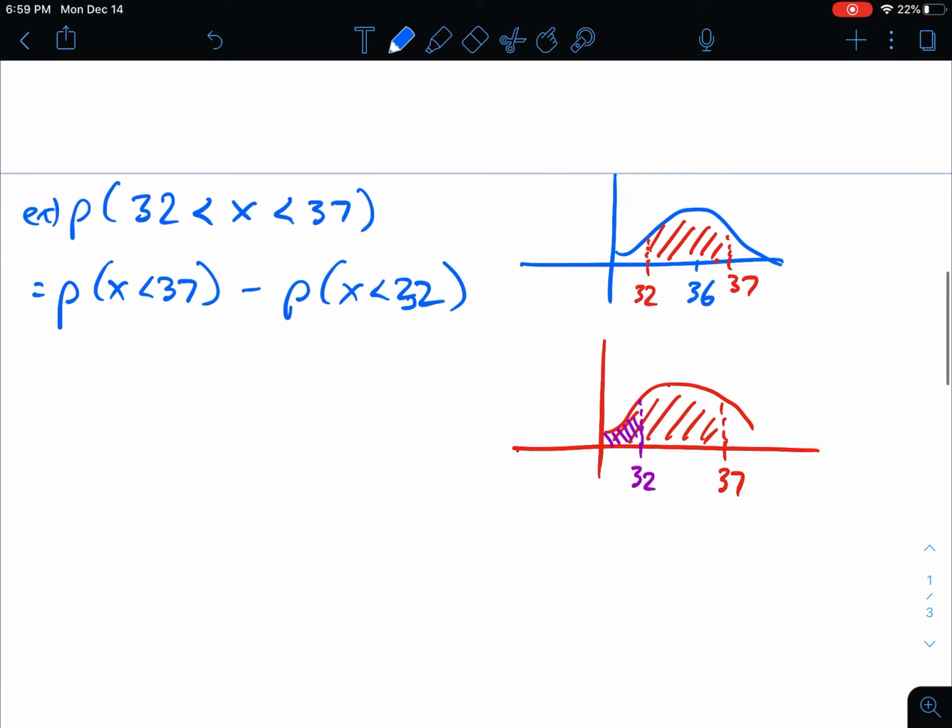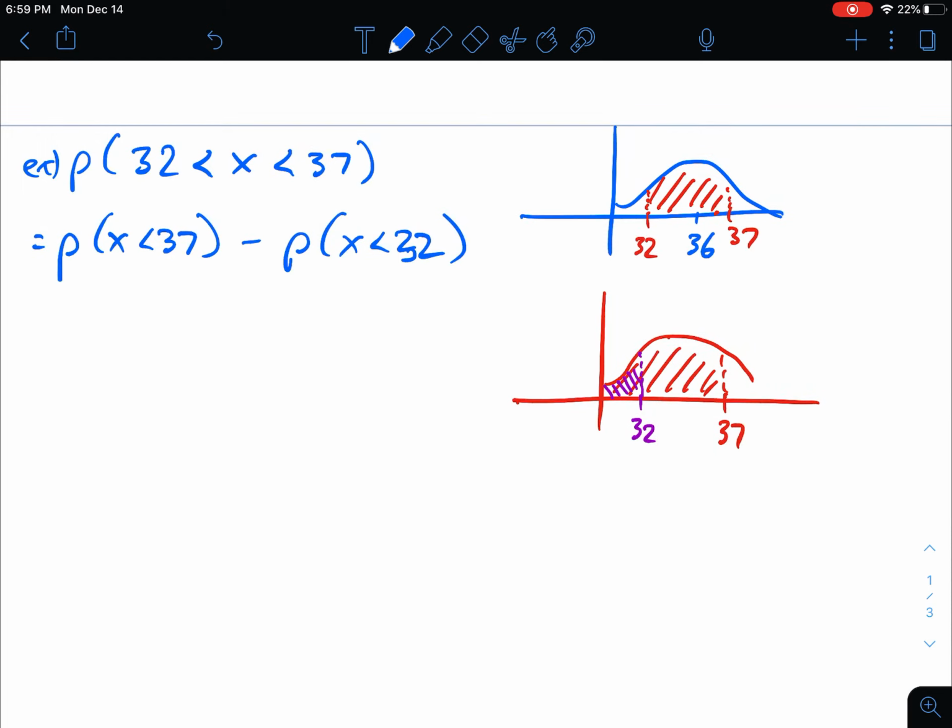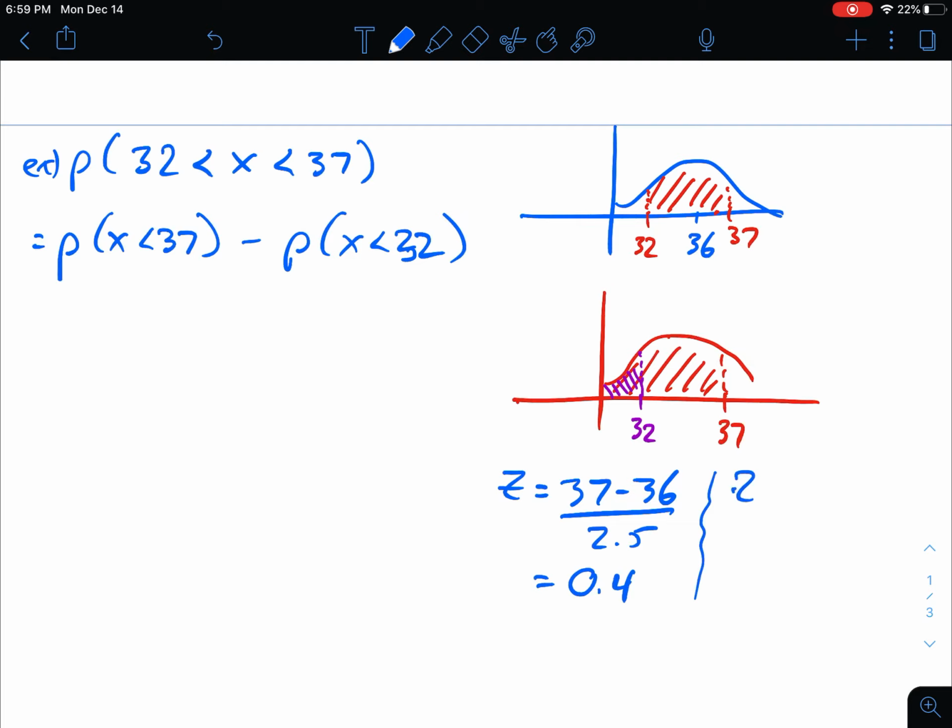Now for each of these, I'm going to need z-scores because I got to rewrite these things. So I'm going to do them over on the side here. So let's do the first one. So z is going to be 37 minus my 36 was my mean over the standard deviation of 2.5. You work that out, you're going to get 0.4. There's the first one.